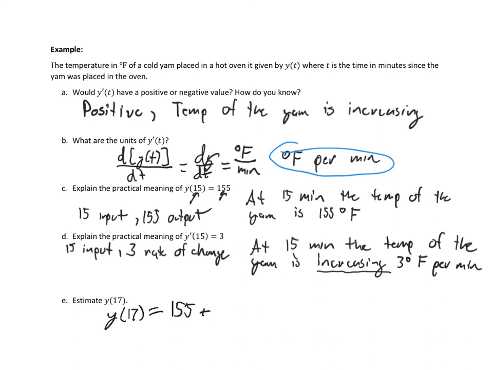Well, if we're getting a temperature increase of 3 degrees Fahrenheit per each minute, we've got 2 additional minutes here. So I would say we're going to add 2 times 3 to the temperature at 15 minutes. And I would estimate y of 17 will be 161. And so what that is telling us is at 17 minutes, we expect the temperature to be 161 degrees Fahrenheit.